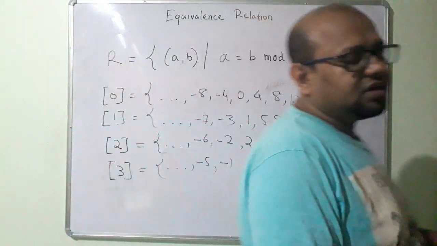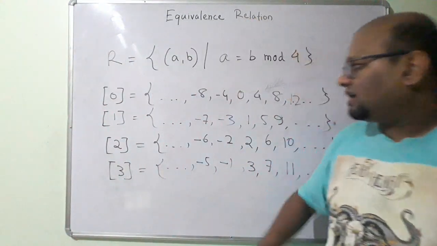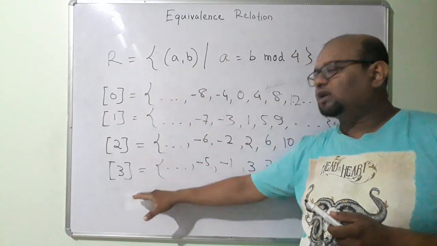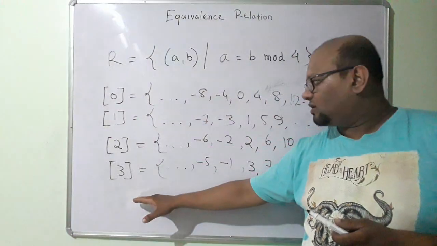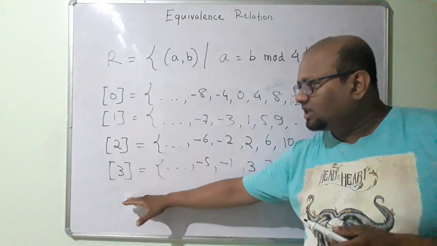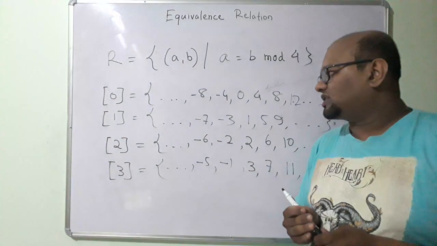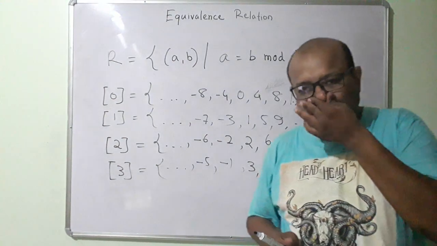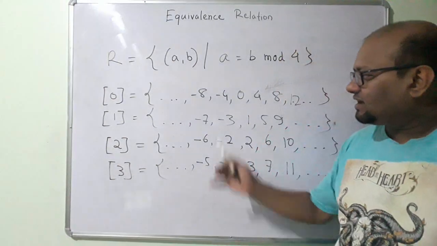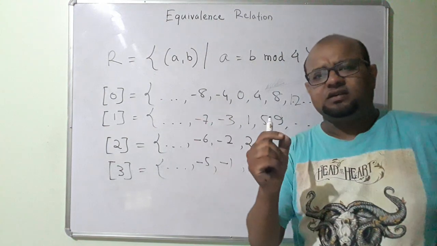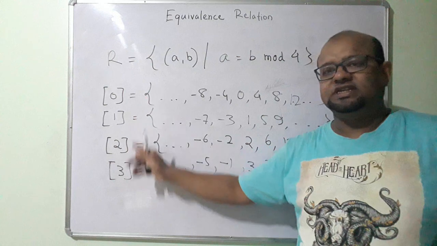Now think about it. Take any integer, it will belong to one of these 4 classes. When I union these 4 classes, I will get back my set of integers, and these are all disjoint, in the sense that there is no integer which will belong to 2 of these classes.